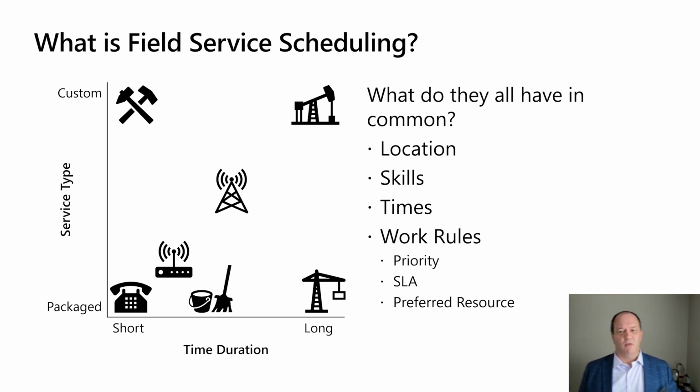For the sake of today, when we're talking about scheduling, you look at it as an axis, as an X and a Y. At the bottom of it, you really have packaged service types with a short duration, which is really appointment-centric. You see those a lot of times in things like utilities. For example, they're coming out to install internet at your house. There's a prescribed service with a short duration visit where the person is as important as getting the service done.